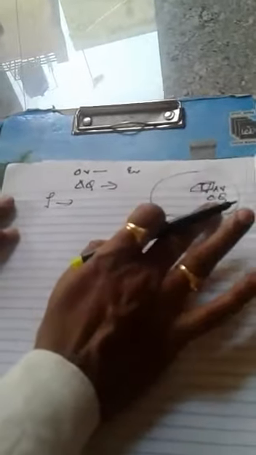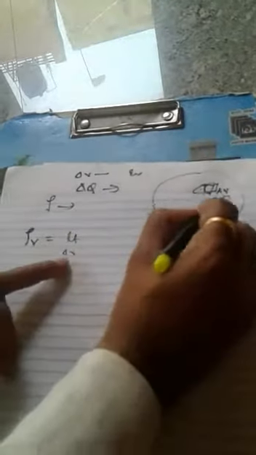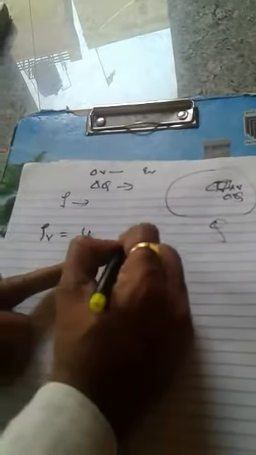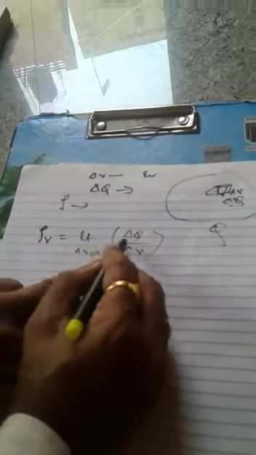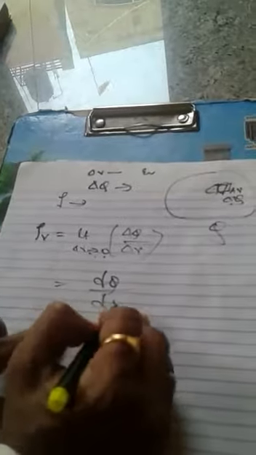If rho is the charge density, and since rho is continuous in the volume throughout the surface, we can write the charge density rho v throughout the volume as the limit, as delta v, the small volume, tends to 0, of the element charge over the element volume. This can be written as the limit of dQ by dv only.